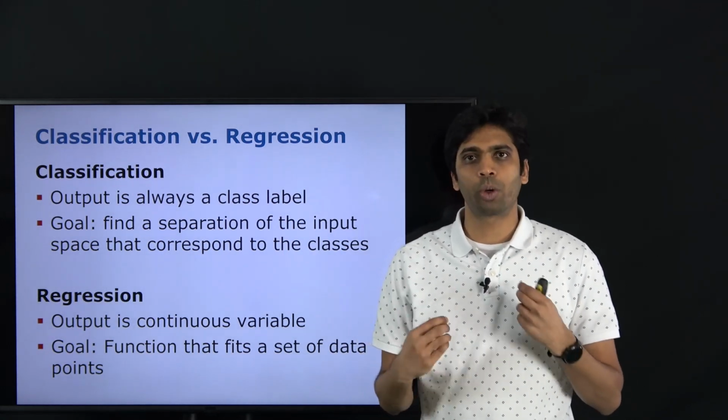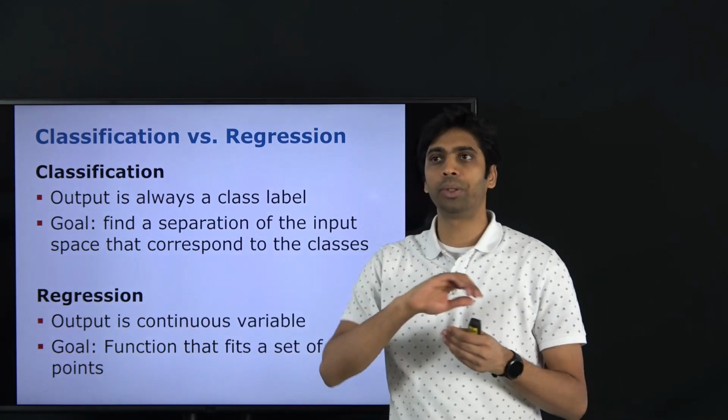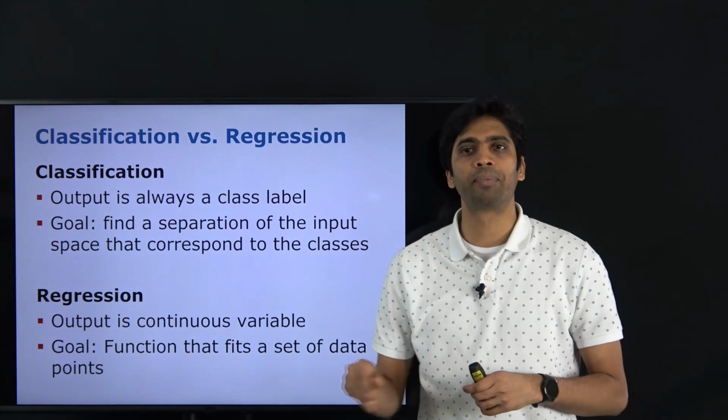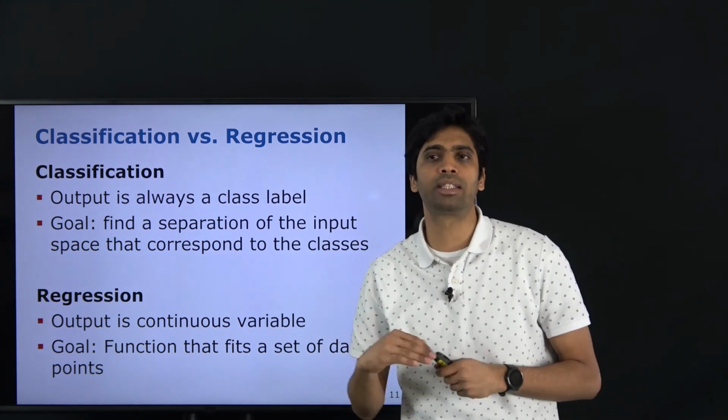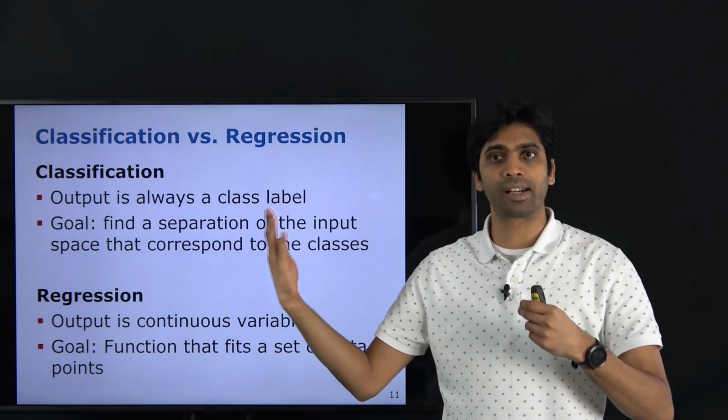Of course, they're closely linked in the sense that often you would come across methods where you regress your function f through the training data that you have, and then you can put different thresholds and convert your continuous value into discrete classes.